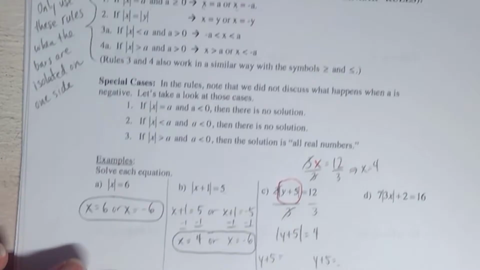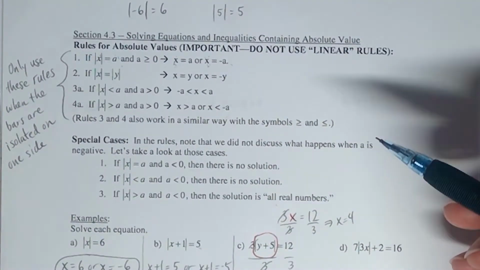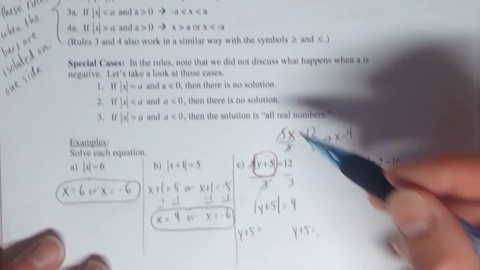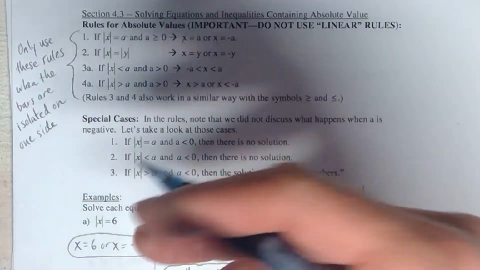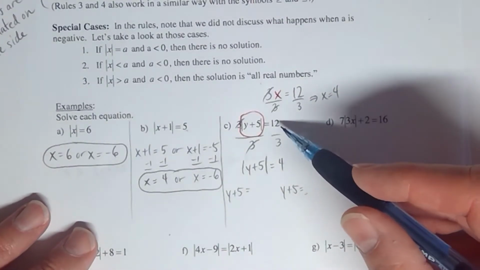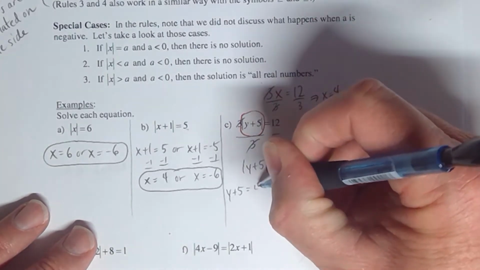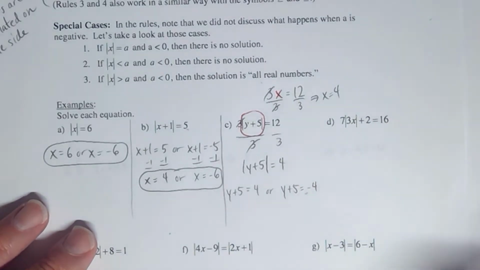And then what are they equal to? They're equal to a and negative a. But in this problem, the a is what? It is not 12, you guys. Remember, you don't apply this rule until you get the bars by themselves. And when you get the bars by themselves, it's no longer 12 anymore, is it? It's now 4. So it's going to be 4 or negative 4, like that.